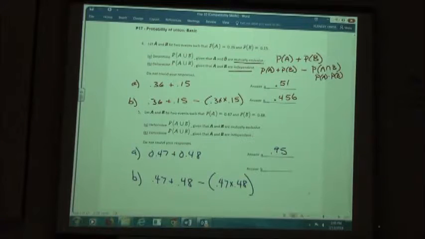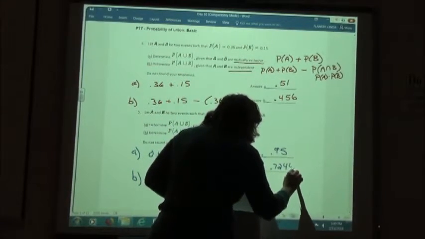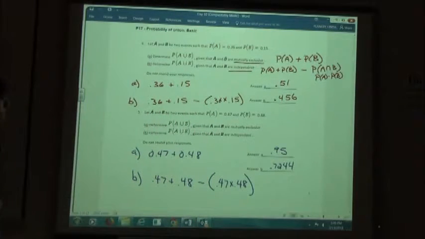And we're not rounding our responses, so you'll just carry it all the way out to however many places it shows you. 0.7244 is what you should get, yep.